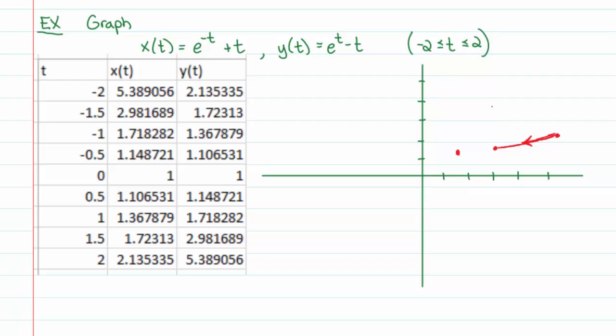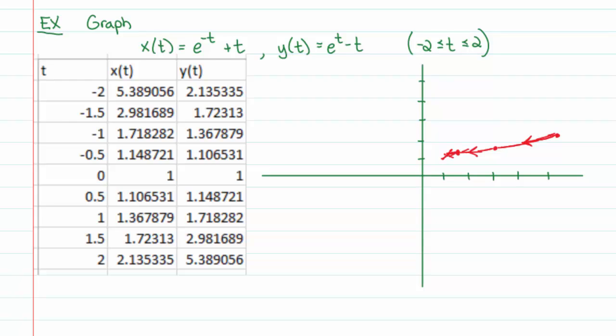And then in the same amount of time, it went a shorter distance. And in the same amount of time, it goes to 1.1, comma 1.1, which is roughly right about here. Okay, so even shorter distance, and at time 0, it's actually at 1, 1.